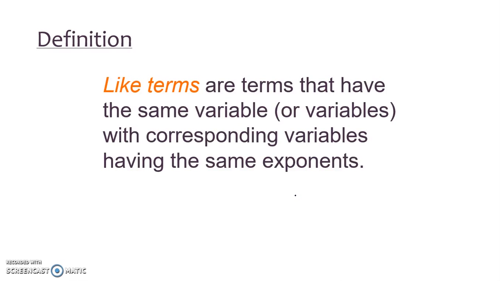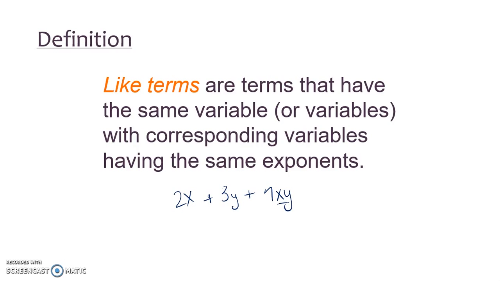Like terms are terms that have the same variable, or variables with corresponding variables having the same exponents. For instance, I can have an x, maybe I have like 2x, and I might have plus 3y, and I might even have plus 7xy. But guess what?